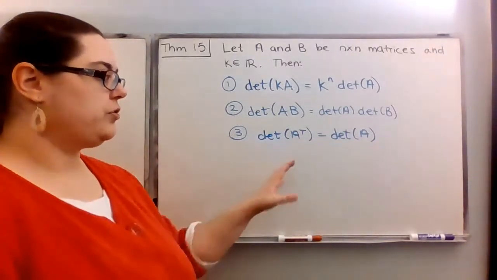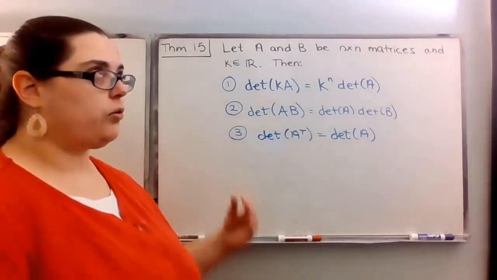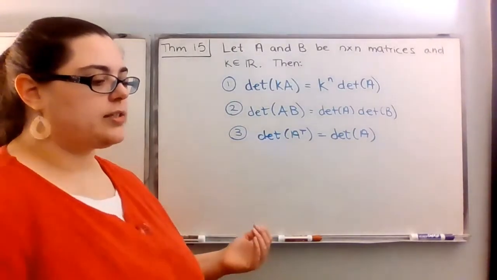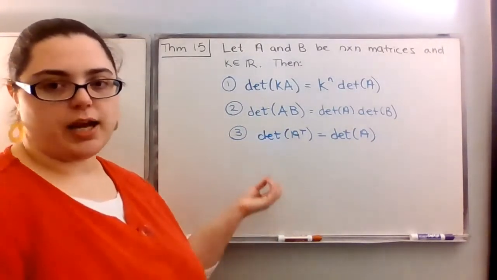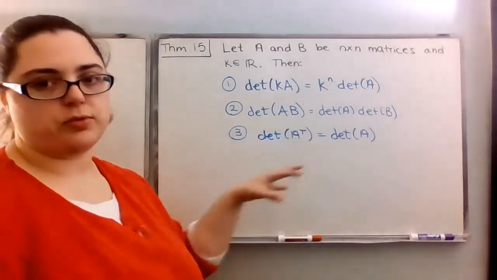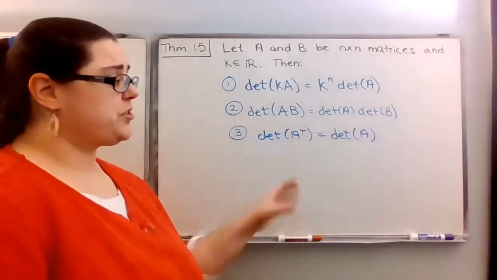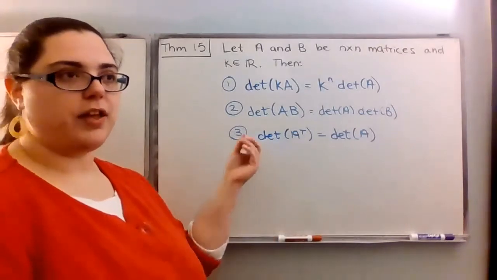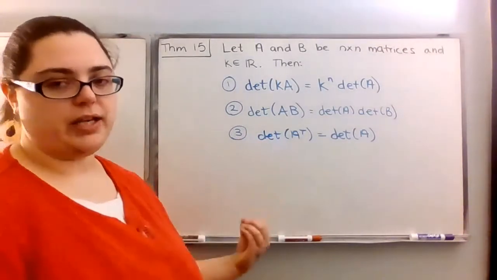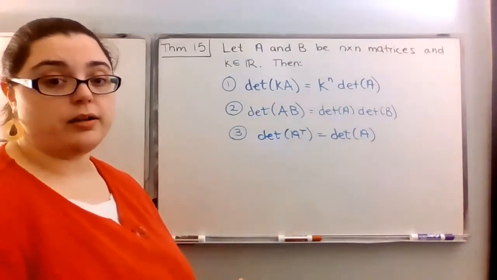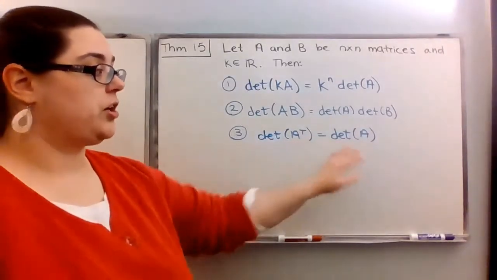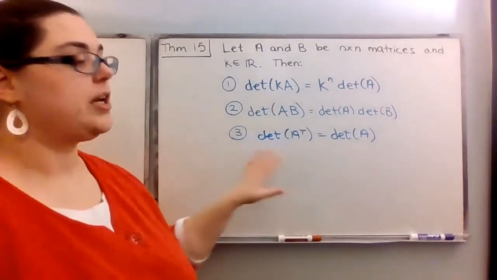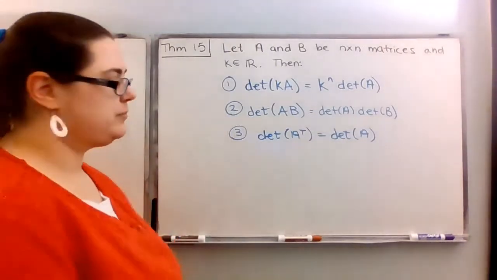And so if you transpose the matrix, the only thing you would have to worry about is that -1 to the i plus j power, because all the columns and rows are going to stay the same. But it turns out when you do that transpose, if the i plus j was even, it's going to remain even. And if it was odd, it's going to remain odd. So that's why we're going to have no change here between the determinant of a matrix and the determinant of its transpose.